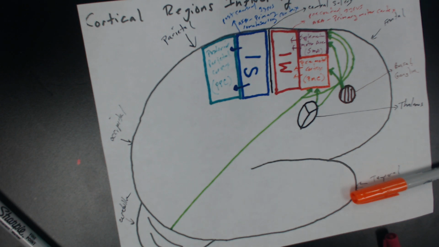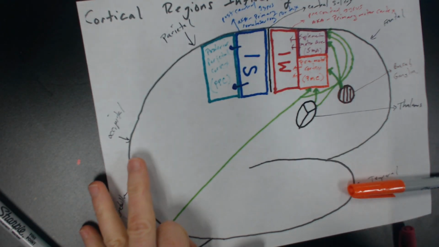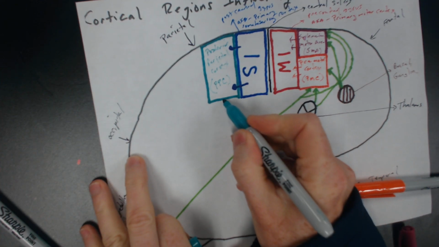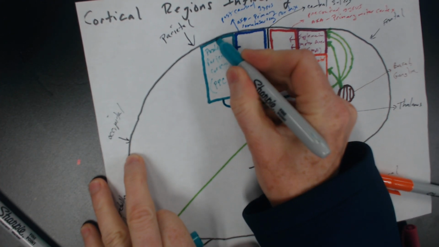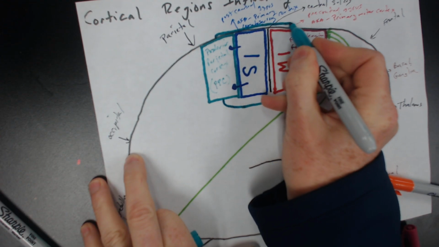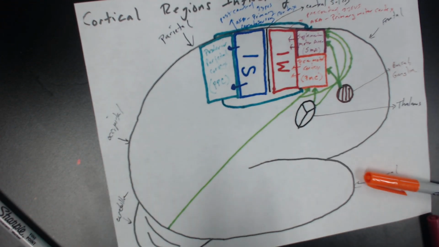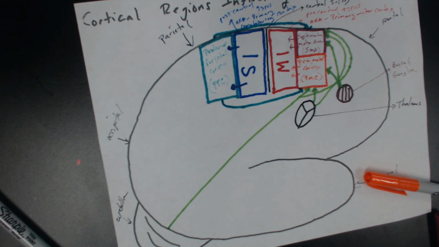And once it's interpreted by the posterior parietal cortex, that information is sent back to the PMC and the SMA for processing, saying is it safe to move or not safe to move.